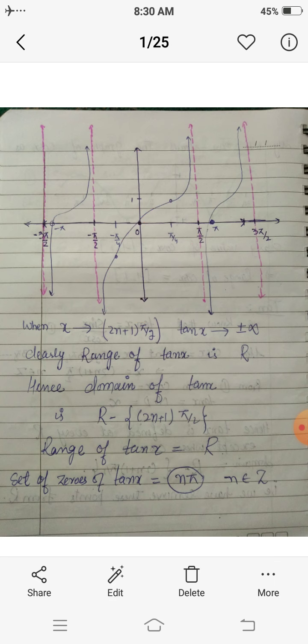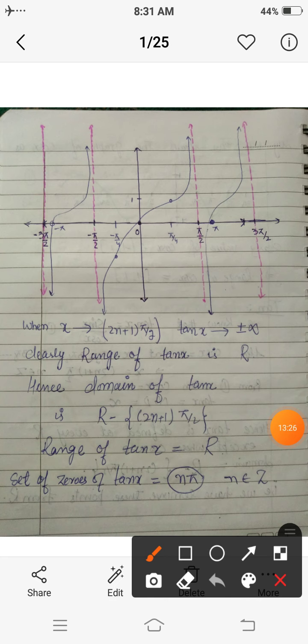So in every interval between minus pi by 2 and pi by 2, or any interval whose length is pi, the graph of the tan function is like this. So this is the graph of the tan function. Clearly the range of tan is the set R, because this is the range, or codomain, axis.